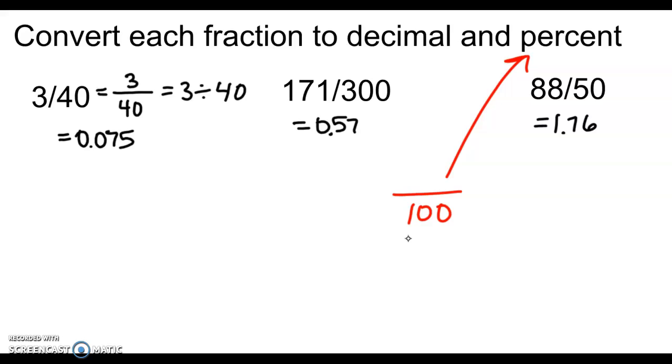So what we want to do is now write these decimals that we have over 100, which means we're looking at their hundredths spot. Remember, we've got the first spot to the right of the decimal is called tenths. The second spot is called hundredths.